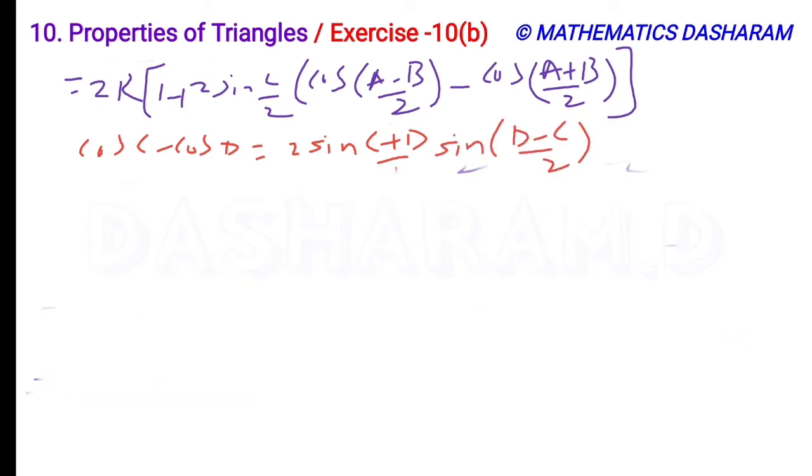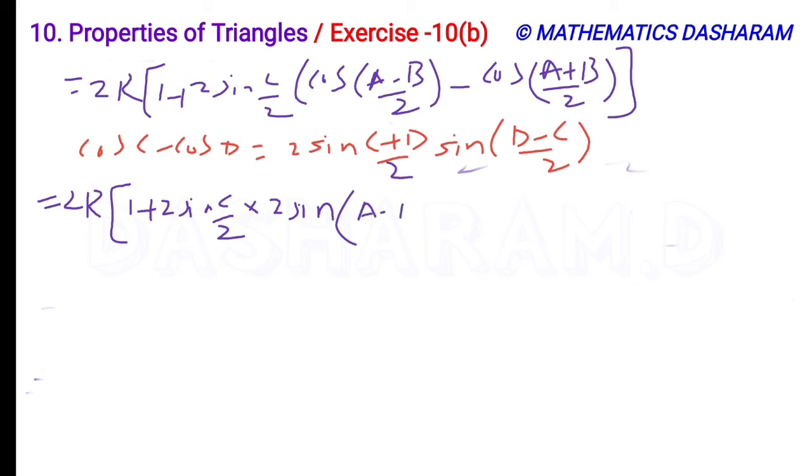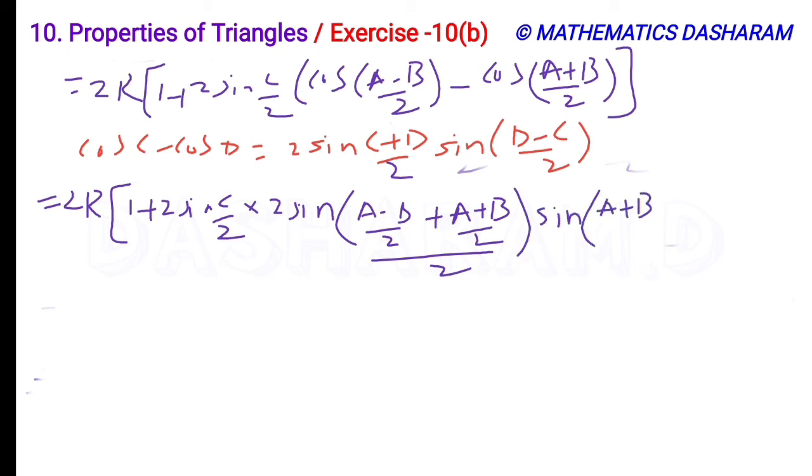So it is equal to 2R bracket of 1 plus 2 sin C by 2. So here the C value is (A minus B) by 2 and the D value is (A plus B) by 2. So then 2 sin (C plus D) by 2, that means ((A minus B) by 2 plus (A plus B) by 2) whole by 2, into sin (D minus C) by 2, so ((A plus B) by 2 minus bracket of (A minus B) by 2) whole by 2.